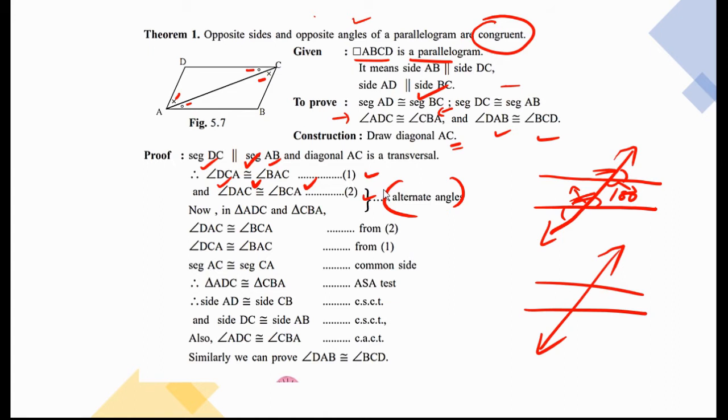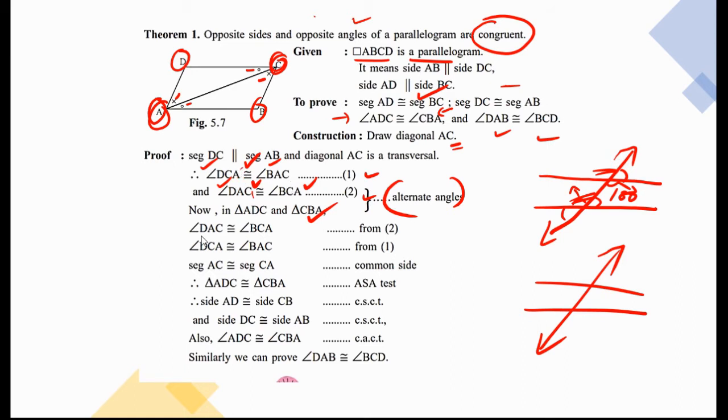Okay, from that, in the case of triangle ADC, and the other triangle CBA, like this. In that case, from the above explanation, we wrote that these angles are congruent.